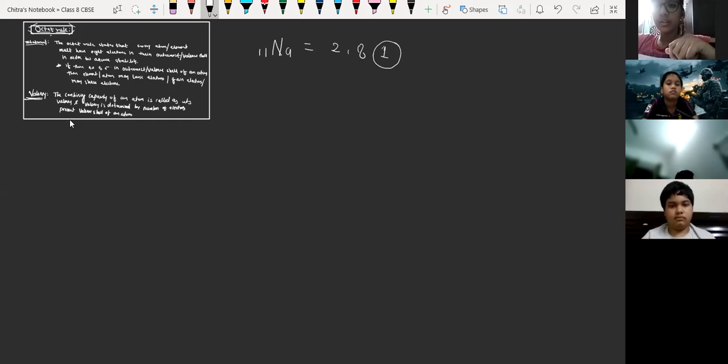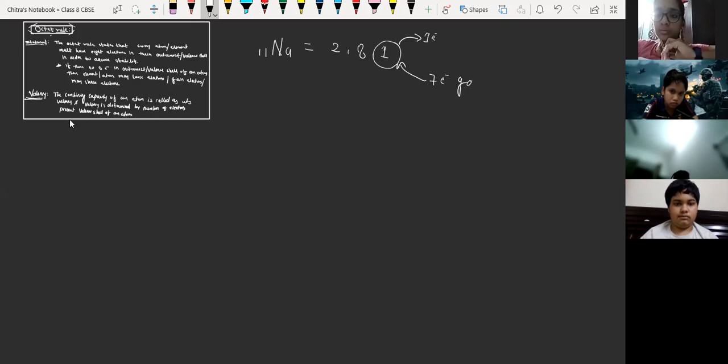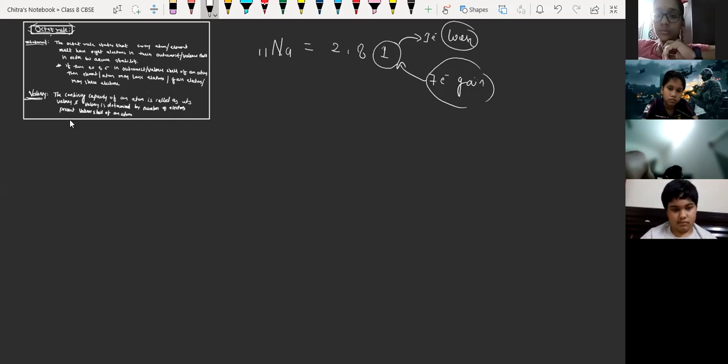So there are two conditions now for sodium. Whether sodium is going to lose 1 electron, or may accept 7 electrons from another element. Whether to gain 7 electrons or to lose 1 electron. So what will be easy for sodium? To lose 1 electron.